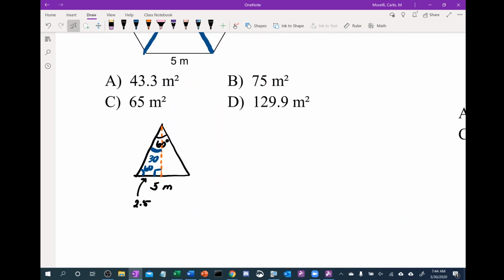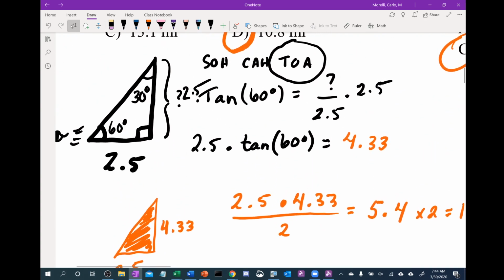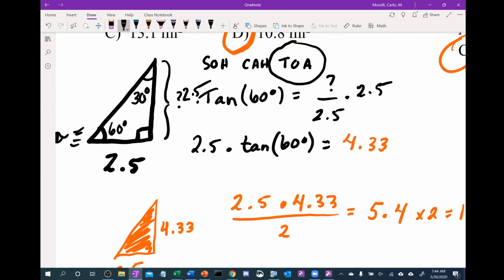So what you would have done is you would have said, okay, 2.5 times the tangent of 60 degrees is equal to 4.33.